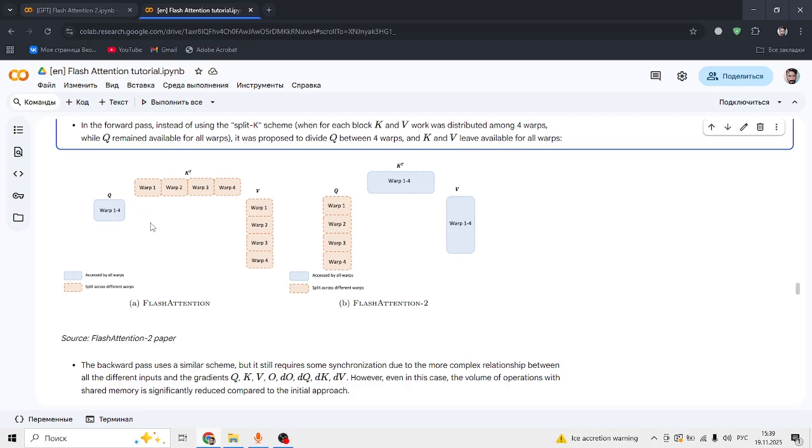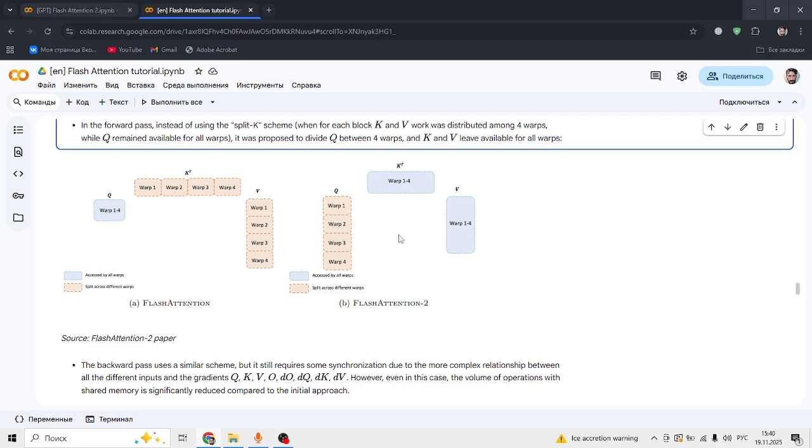So in FlashAttention 1, we use split-K scheme when we divide our data in K and V with thread blocks or warps. But in FlashAttention 2, to minimize read-write operations, we do another thing.